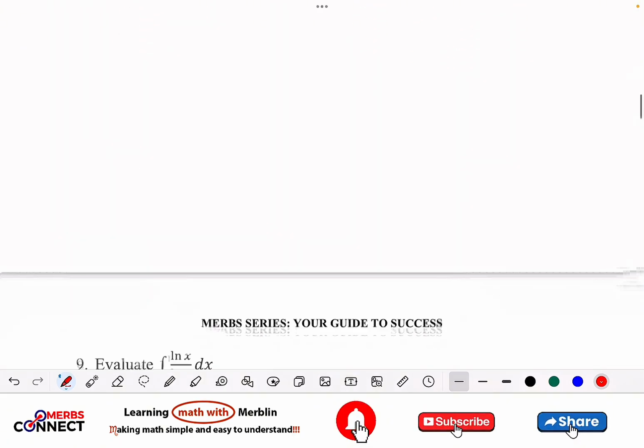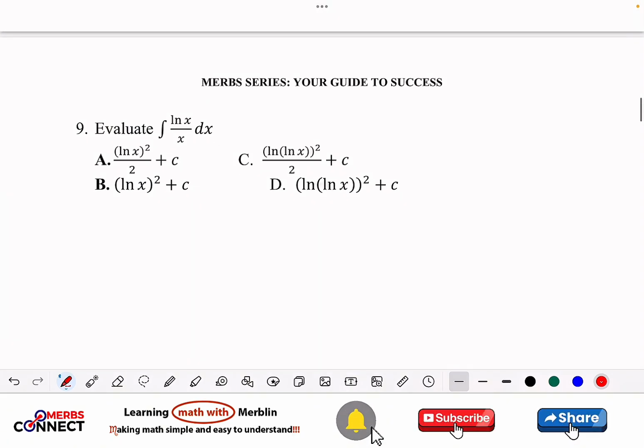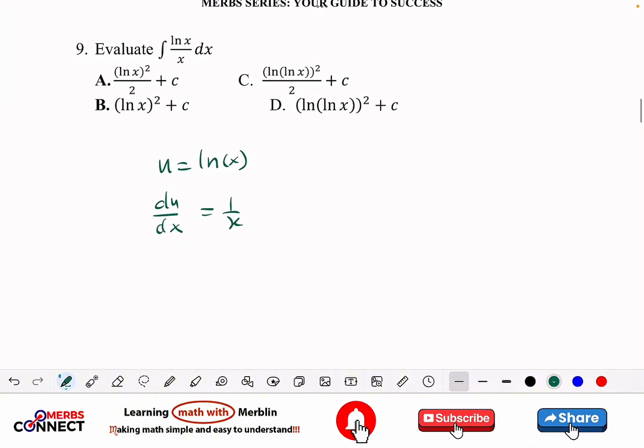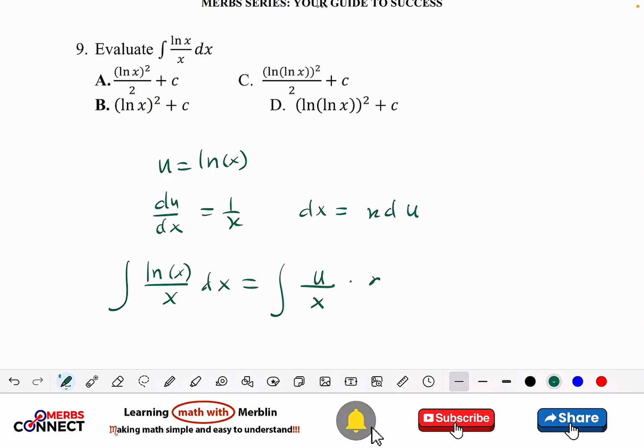Now let's look at question 9. We can do integration by substitution. I will let u be equal to ln of x, and du over dx will be equal to 1 over x, and this implies that dx is equal to x du. So the integration of natural log of x divided by x dx will be equal to u divided by x times x du.